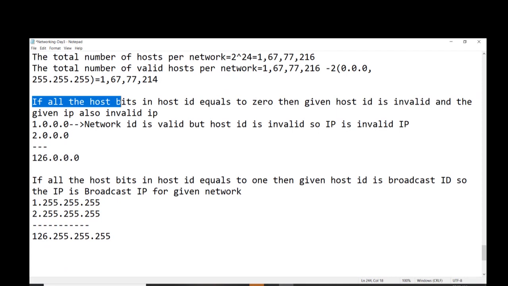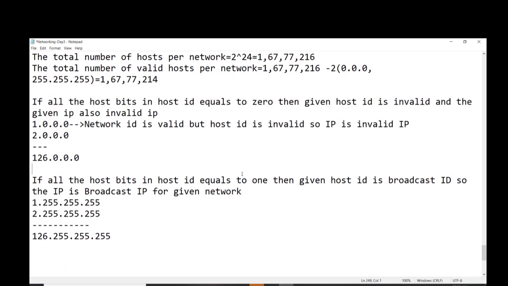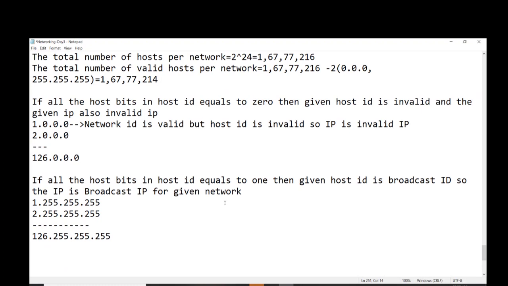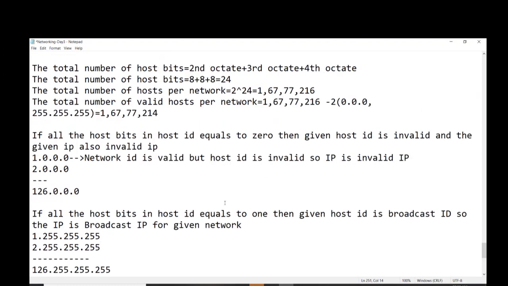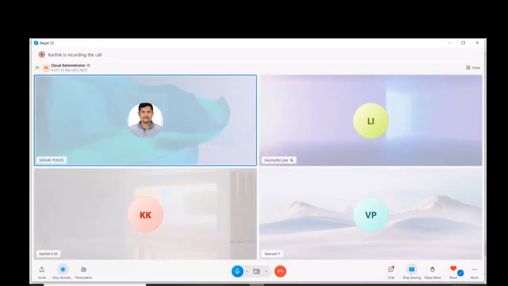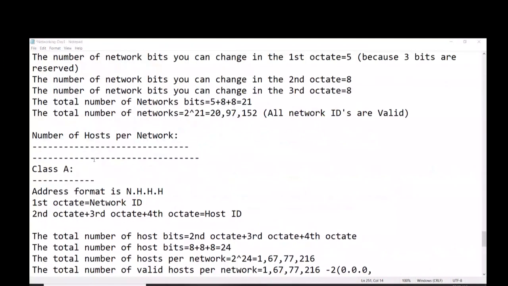The same procedure, the same rule you have to apply to get the valid network ID and valid host ID for that given subnetwork also. Is that clear or any doubts, Viresh? Sir, understood. Okay, see, it's very simple.